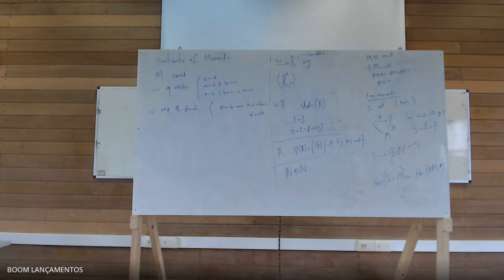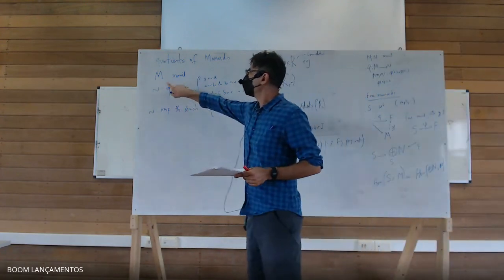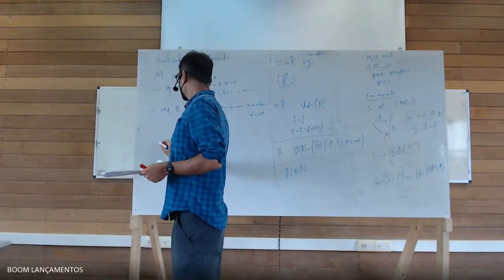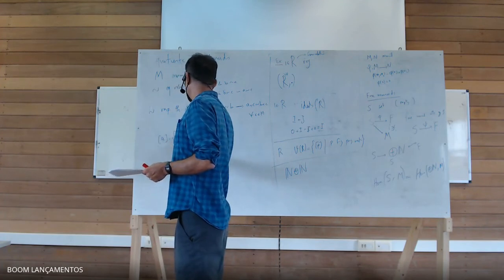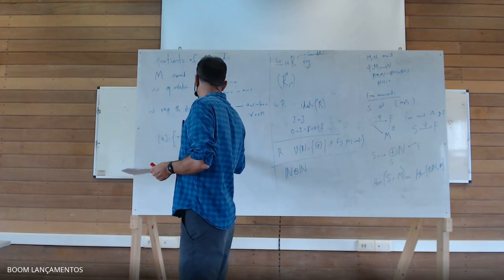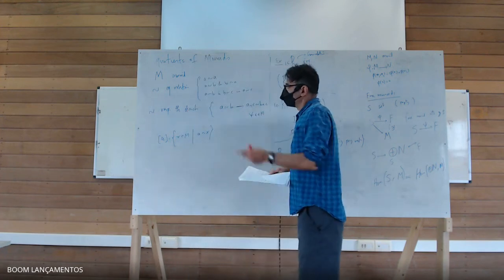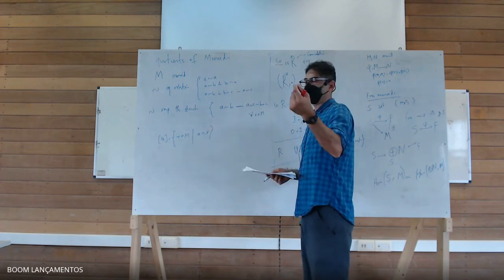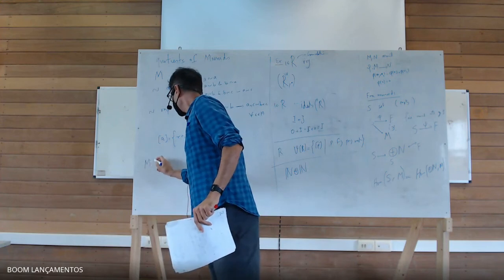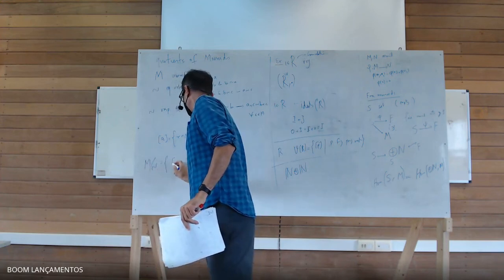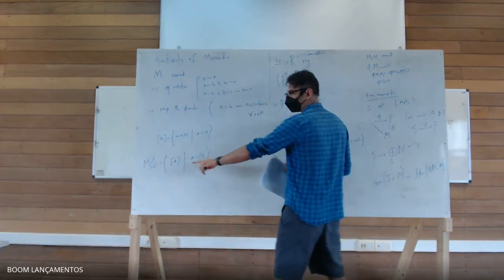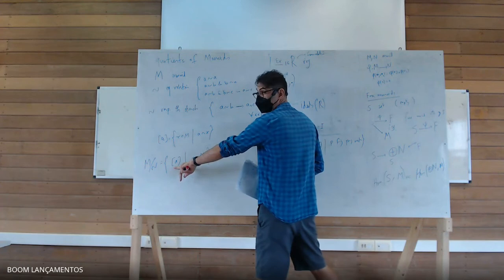If you have that, then you can define a new monoid, the quotient monoid. So you get the equivalence classes. Let me call this the equivalence class of A. These are all the elements in M that are related to A. So now you're collapsing all the elements which are related to A, and you denote it by the class of A. You see, for different A's, you might get the same thing here.